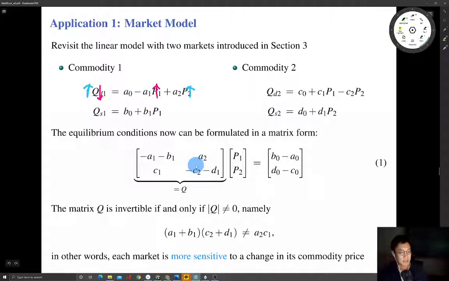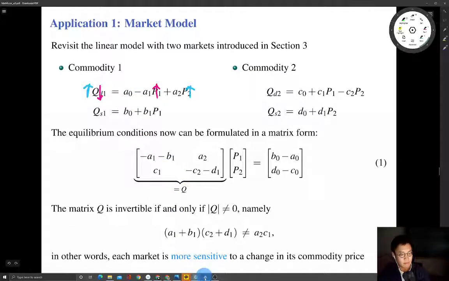More precisely, we can start with the equilibrium condition. At the equilibrium, 2 economic forces are exactly offset. So at the equilibrium price, demand for good one is exactly equal to supply of good one, and the demand for good two is exactly equal to supply of good two. So the 2 economic forces, supply and demand, are exactly balanced out.